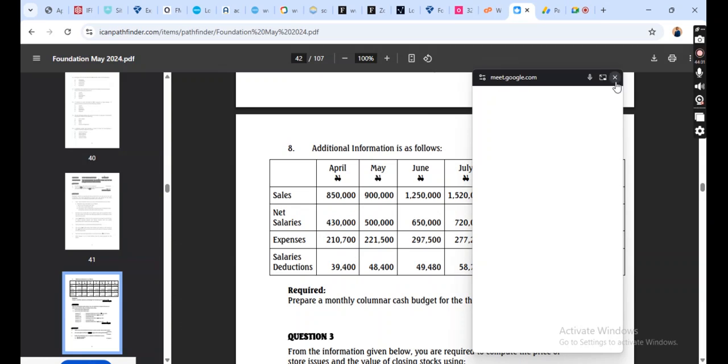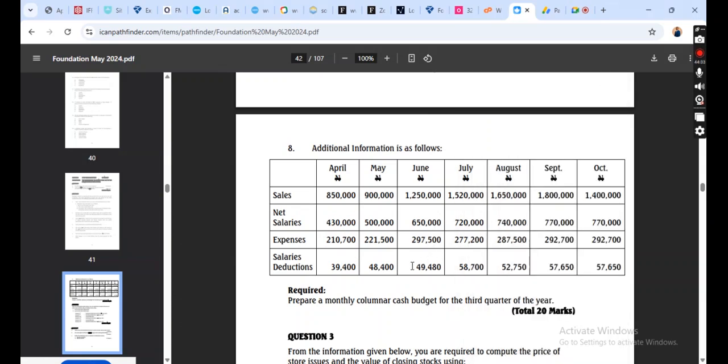So what it means here is we just need for July, August, and September. What is the preceding month of July? The preceding month of July is June, right? Which means the 49,480 will be paid in July.